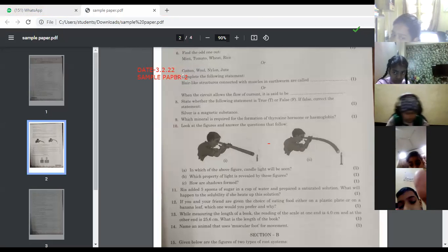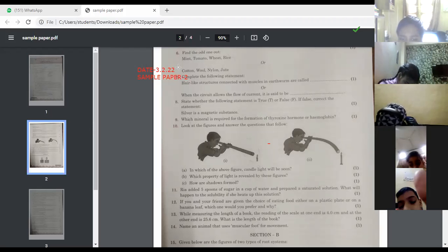And mint is another substance we usually eat, but not frequently. Anybody else want to say which one is the odd one out according to you? So kindly mark it as mint. Mint is the odd one out.